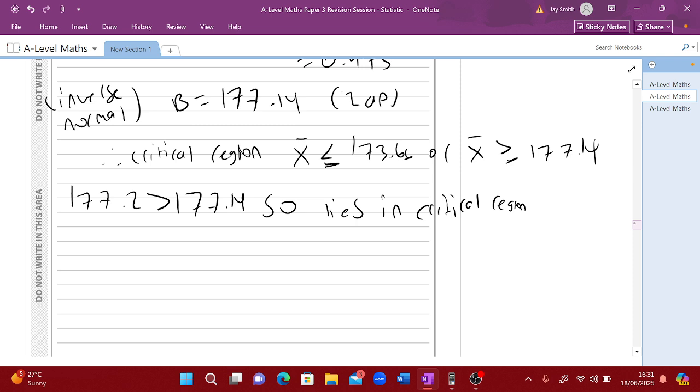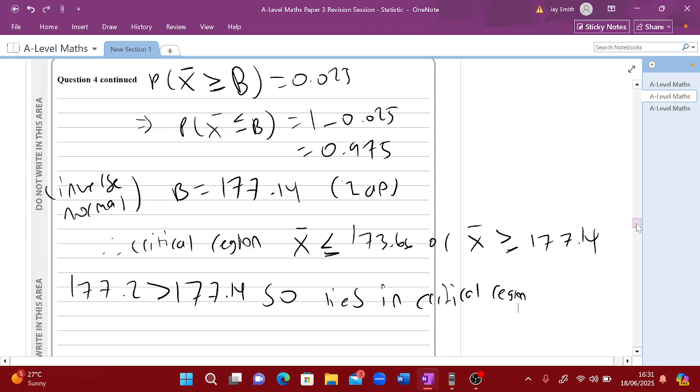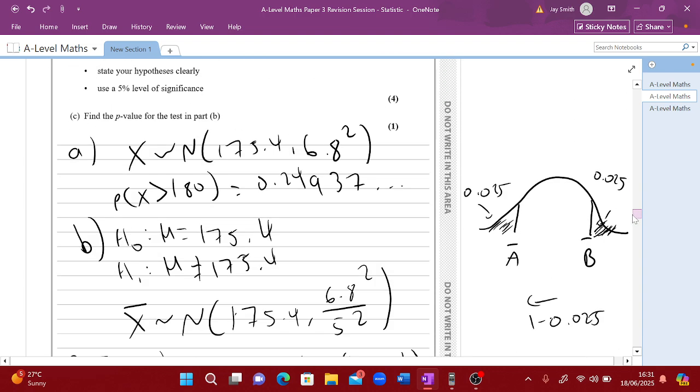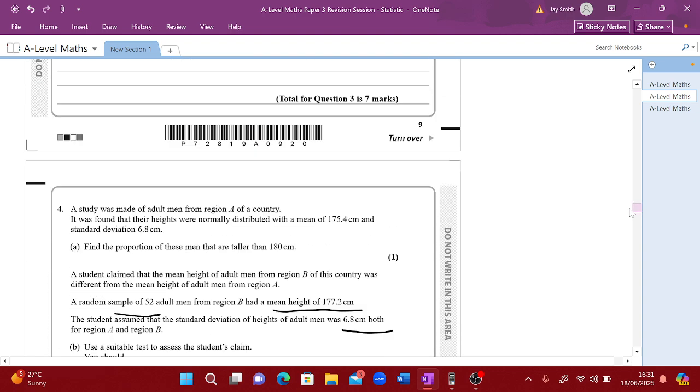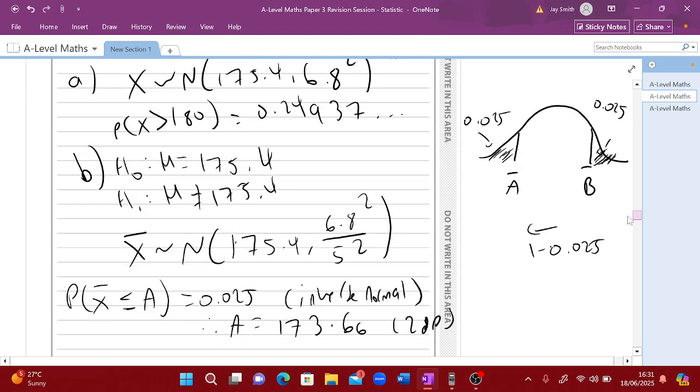Now, hang on a second. Oh, hang on a second. I've got my numbers wrong. Wait, is my sample right? 52.